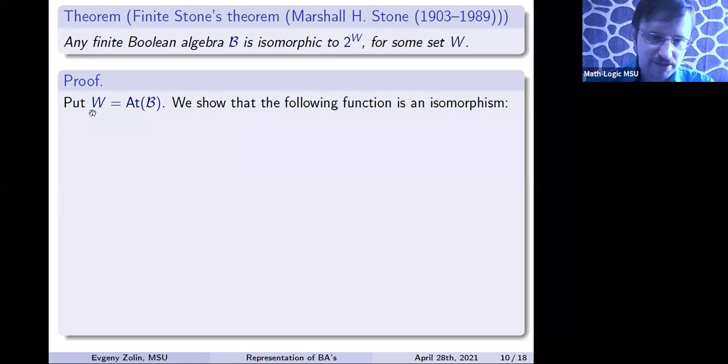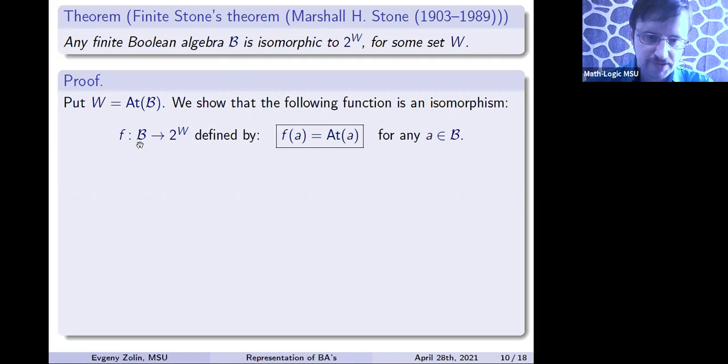But in general, let us show that this is what we need. Now we need to define the isomorphism function from B to 2 to the power W. We simply take, for every element A, its image is the set of atoms.